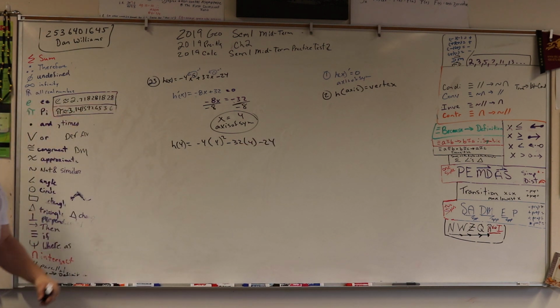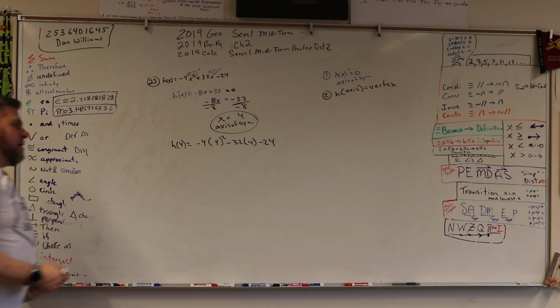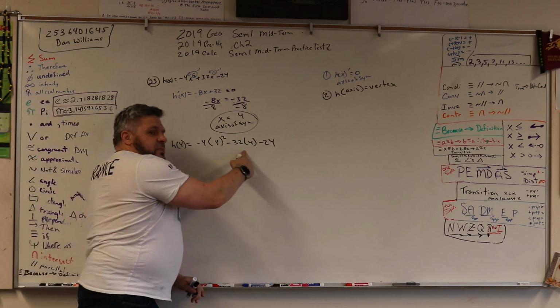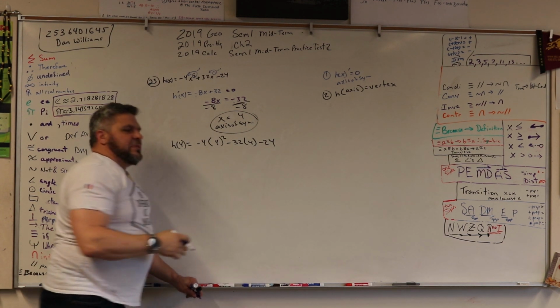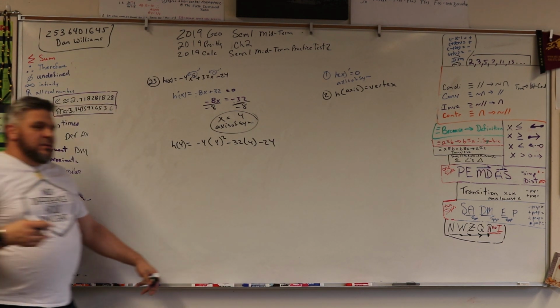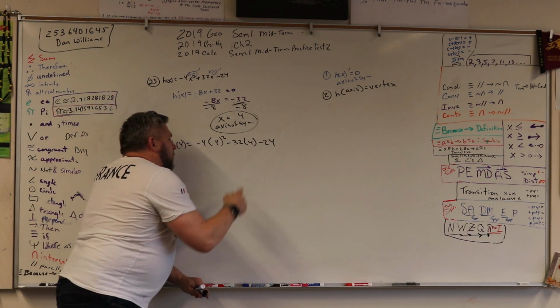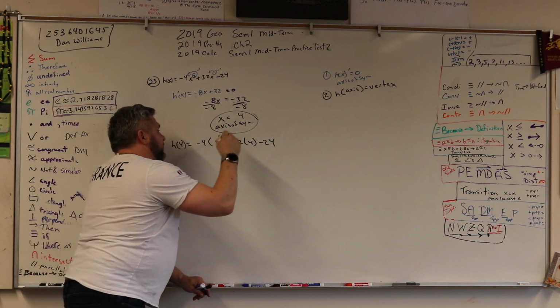minus 32 times 4 minus 24. And you're going to know you're on the right track when you get to here. Right? And what's going to happen is you're going to end up with the opposite. Well, let me show you what I mean by that. What is 4 squared? 16.